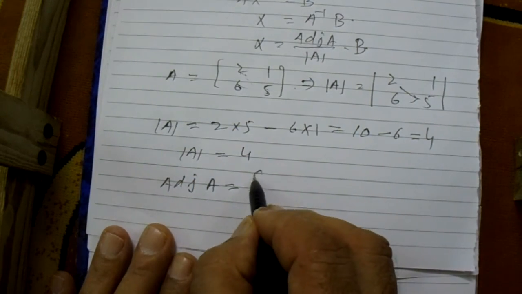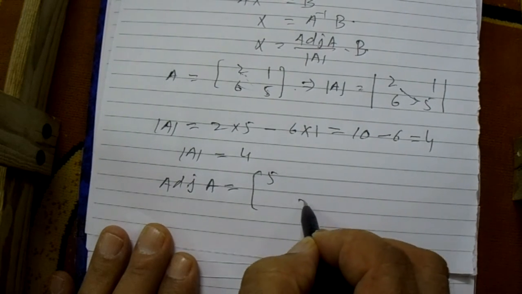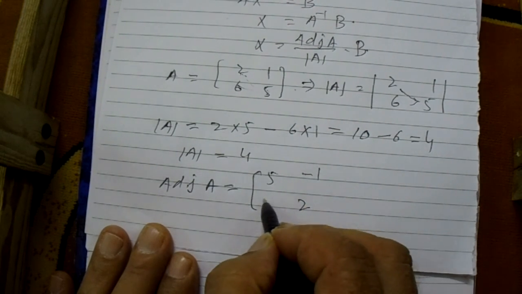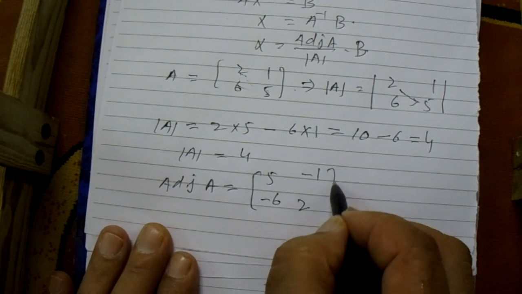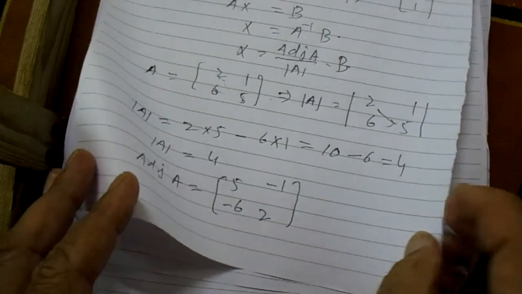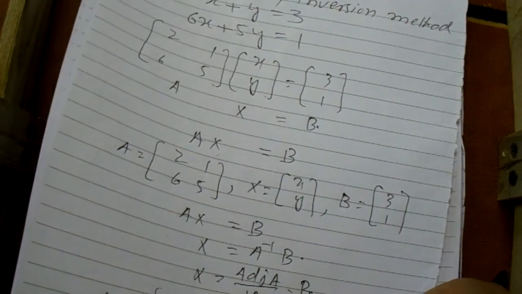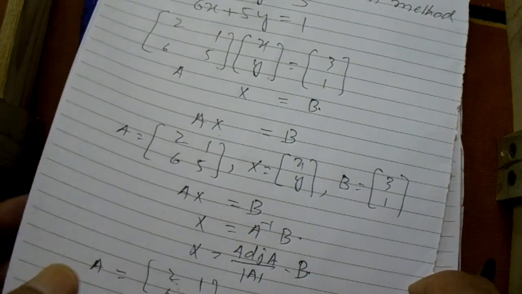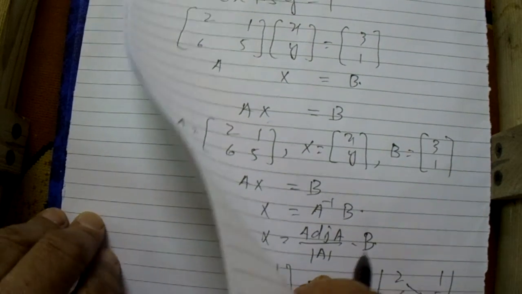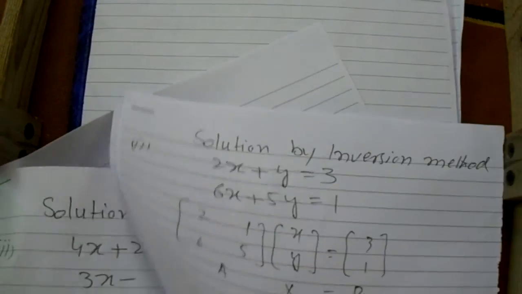We write here 5 2, and minus 1 and minus 6. Now we have found the adjoint A. Now we will put these values in the formula.